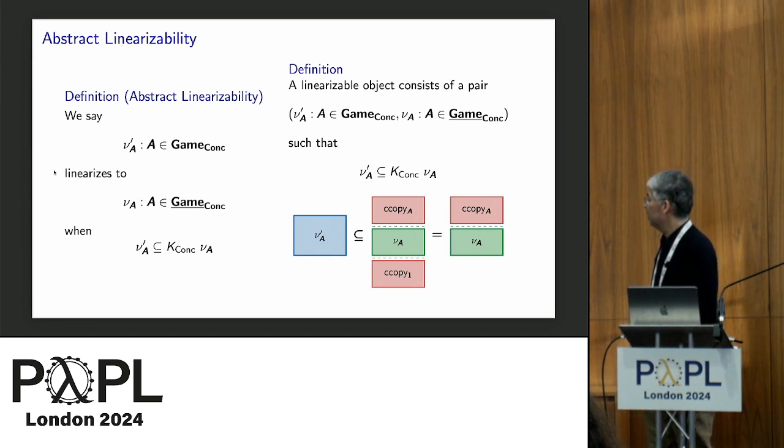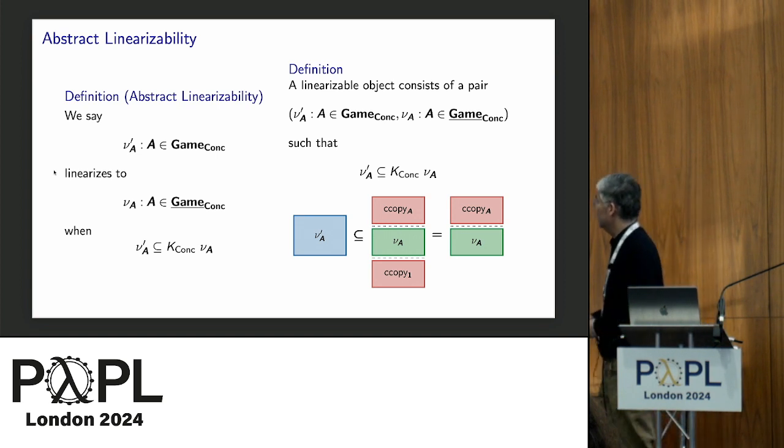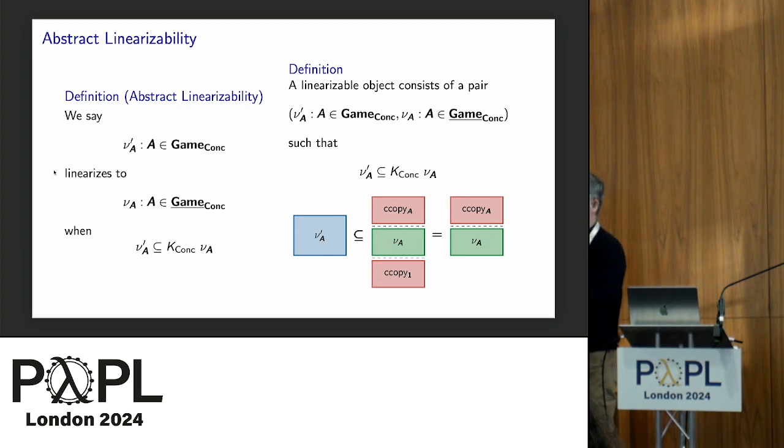And a linearizable object can be defined as essentially, you can view that this nu A prime is the real behavior of what this object does. And this nu A is the specification. So you can specify what your concurrent object is. It does not have to be atomic. It's just what you think the behavior should be.